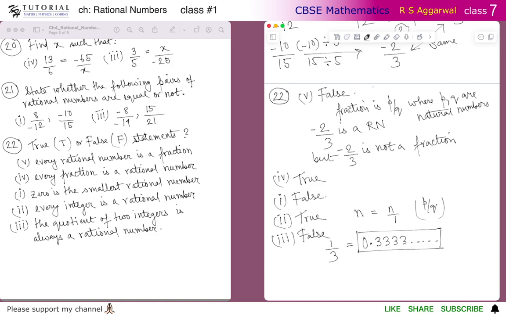So this is false. I gave an example where the quotient is not a rational number, because in certain cases when you divide, there is a concept of non-terminating decimal numbers. When you divide an integer by another integer, the quotient will be in decimal form, but after the decimal point there will be endless digits. The digits will not end. So those cannot be expressed in the form p by q.